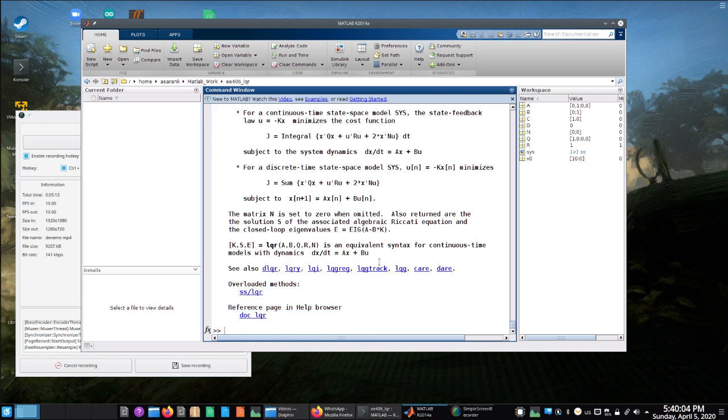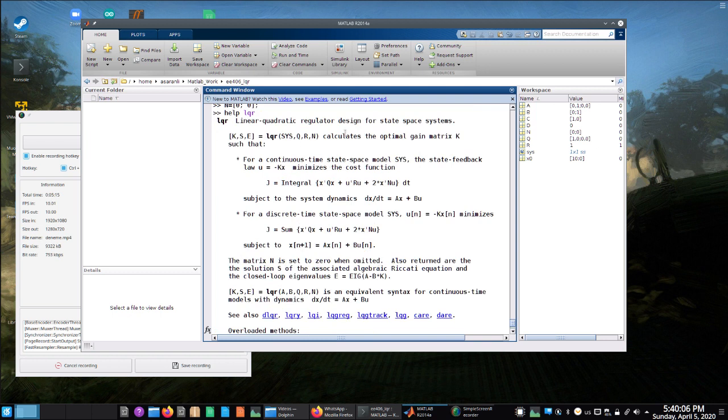So hold on, such that the input is the linear state feedback u equals minus Kx minimizes the cost function given by J subject to system dynamics that we are specifying. Also returned are the solution S of the associated algebraic Riccati equation and the closed loop eigenvalues of the resulting system.